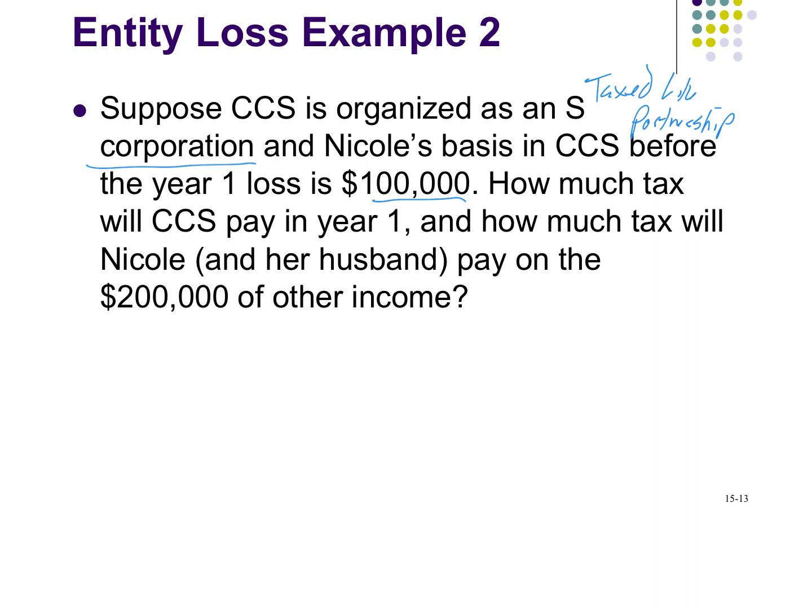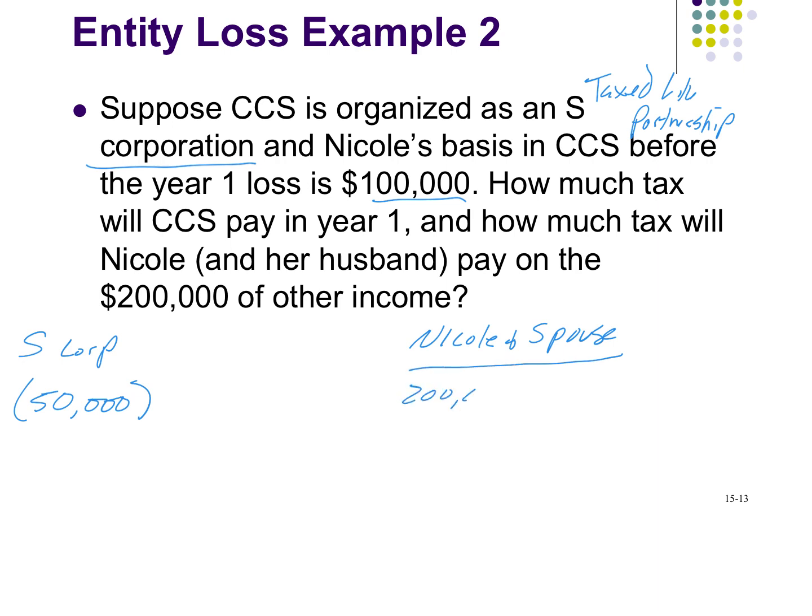So now the question is, if this S corporation still has a $50,000 loss, and Nicole and spouse have $200,000 taxable from salary, how much tax will this corporation pay in year 1, and how much tax will Nicole and her husband pay on that $200,000 of income?